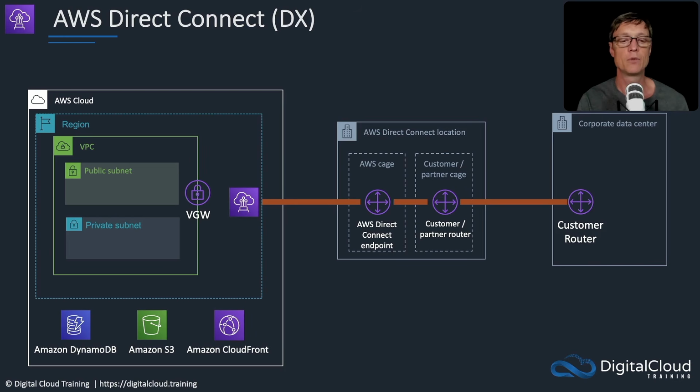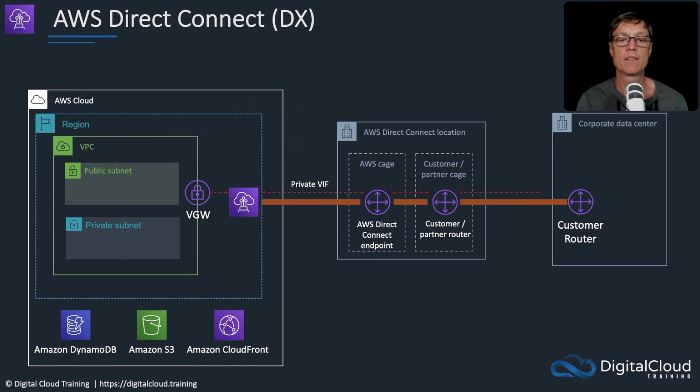Now let's go a level deeper. So we've got the same configuration here, and you can see some of the AWS services that are in the public space at the bottom of this box here. So how do we provision connectivity across this private line? Well, we have to create something called a private VIF. A VIF is a virtual interface.